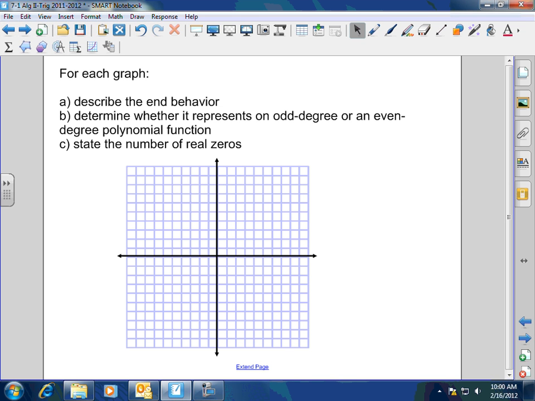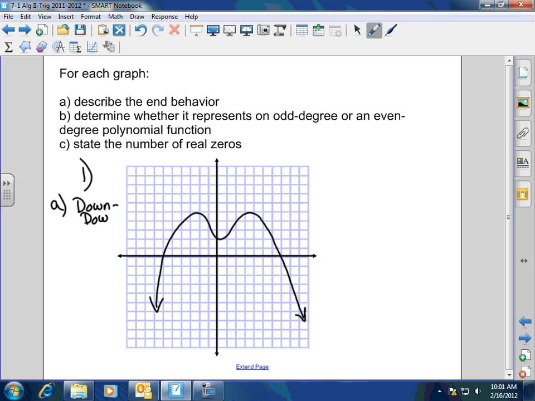So for number one, what if I went like this? A, describe the end behavior. Down, down. Okay, so mathematically speaking, as x goes to negative infinity, what's happening to the y?